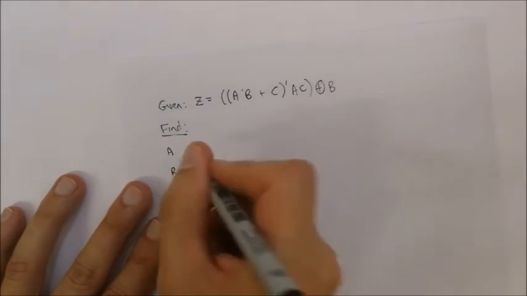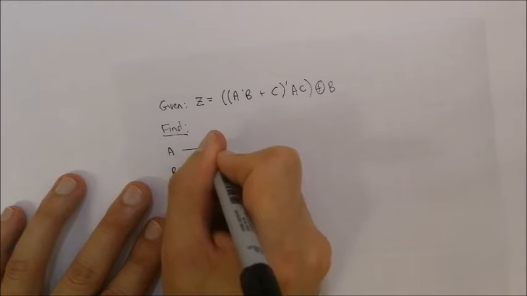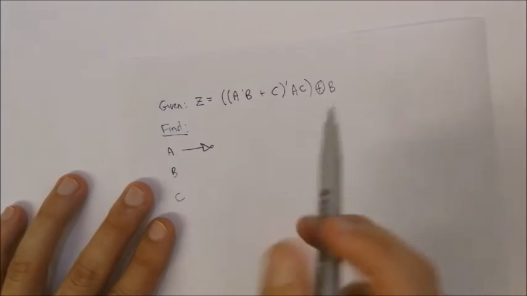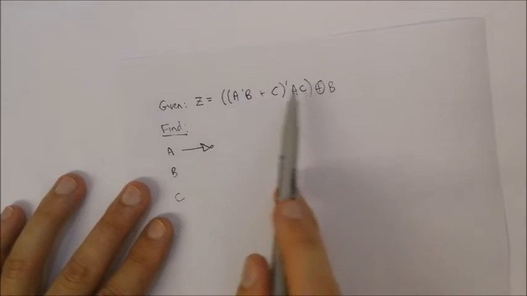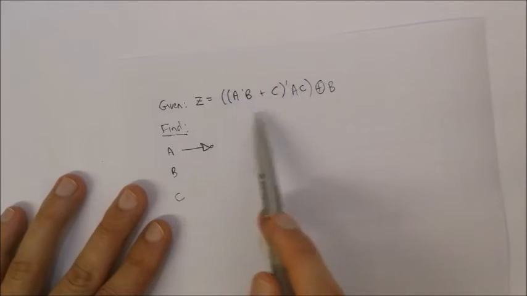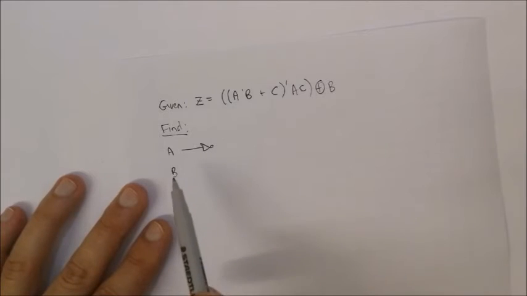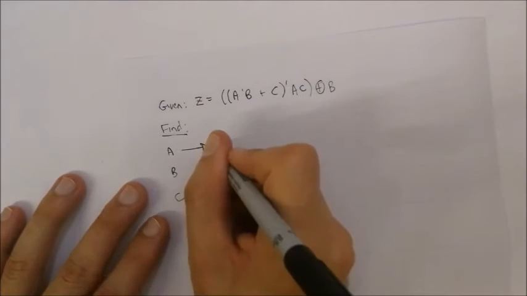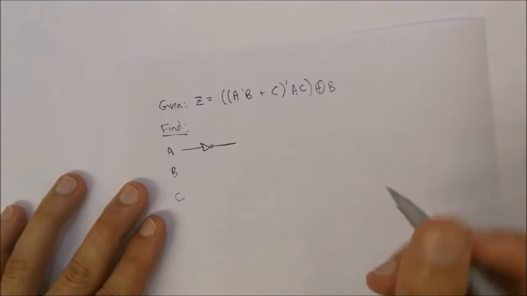Okay, so let's look at the first term. Well, A is NOTed, so I'm going to put that through a NOT gate. Any of the other inputs, A, B, or C, NOTed? We've got a NOT over there, but that's our expression NOTed. Just only A that's NOTed, so I'm just going to put a NOT gate over there.